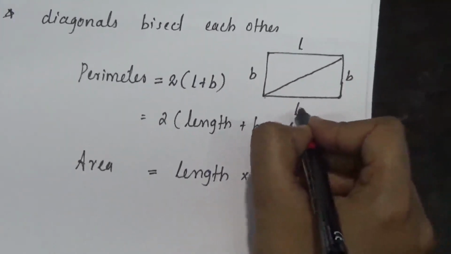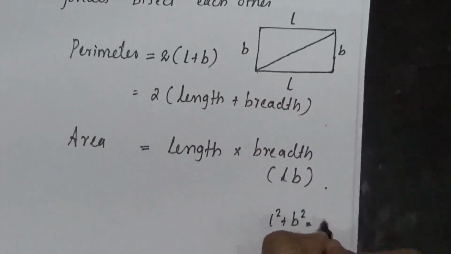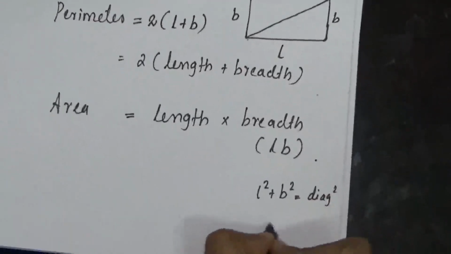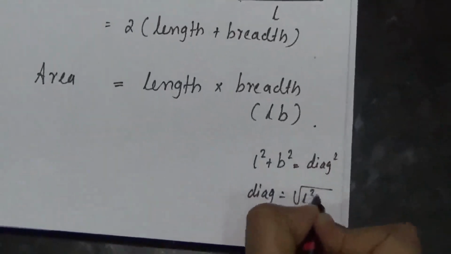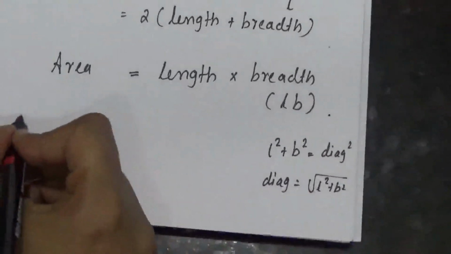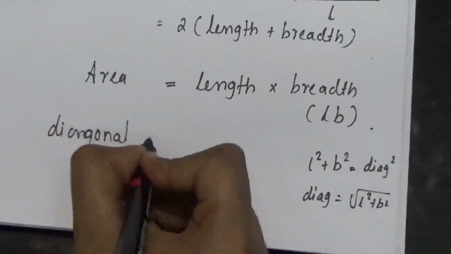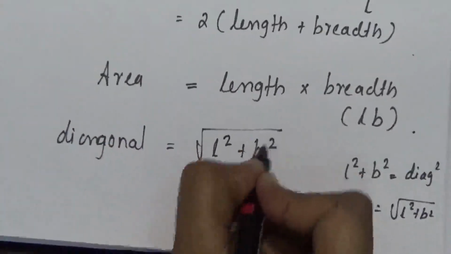This is L square plus B square is equal to diagonal square. So diagonal is equal to root of L square plus B square. So the length of diagonal is root of length square plus breadth square.